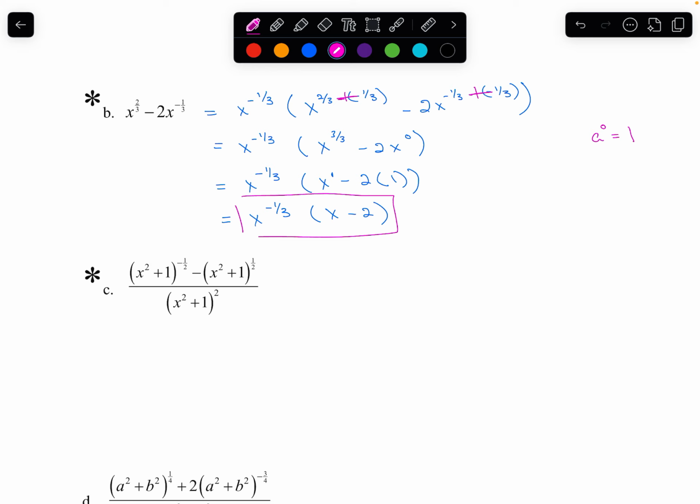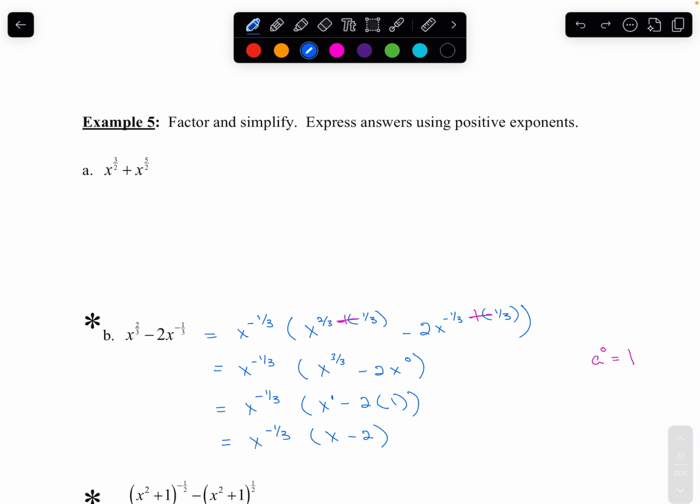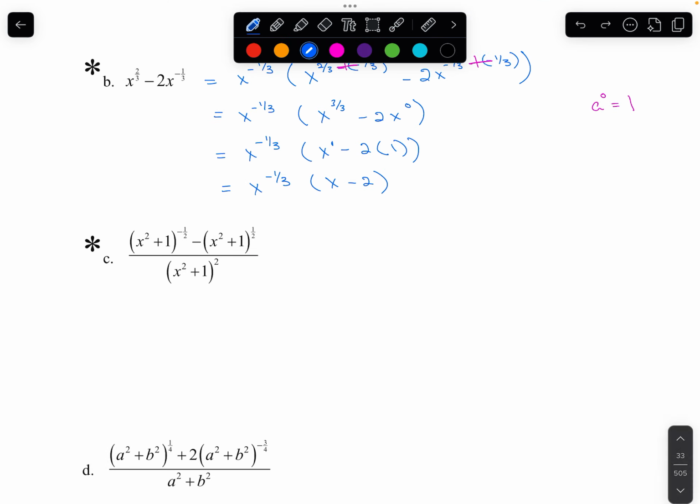Oh, actually, no, it's not. What we forgot to say is that they want it with positive exponents. So we need to finish that. We're going to get rid of that negative exponent by using, if I have a to the negative n, this is equal to 1 over a to the n.